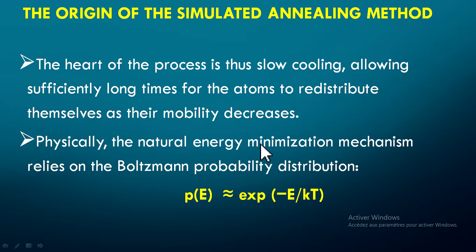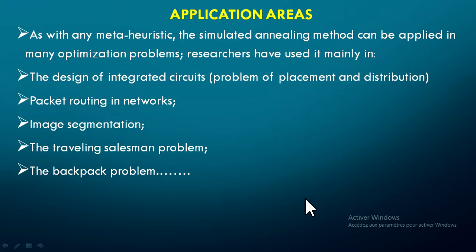Physically, the natural energy minimization mechanism relies on the Boltzmann probability distribution. This is the equation of the energy. P(E) is proportional to exponential of this expression. Good.